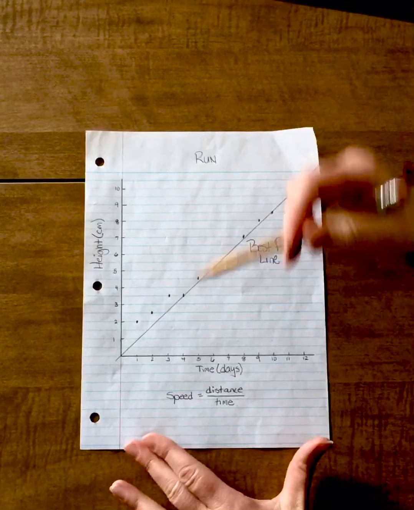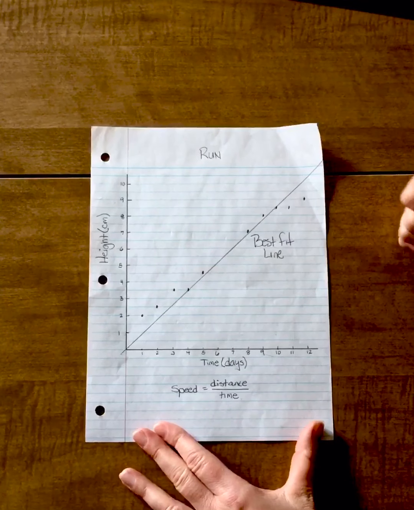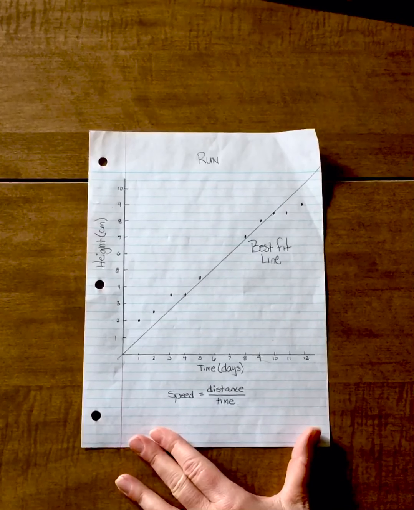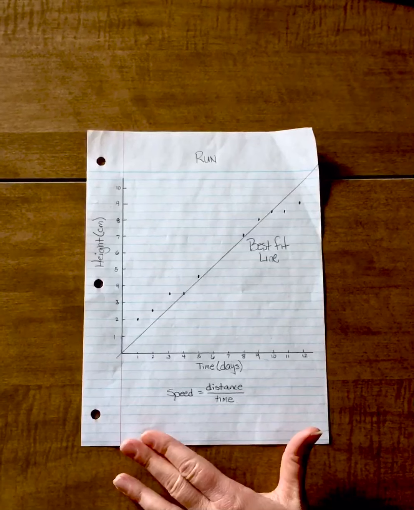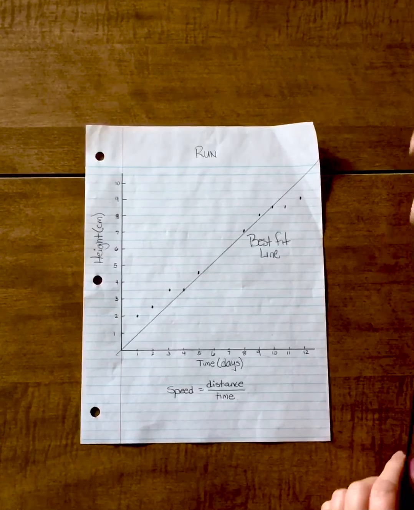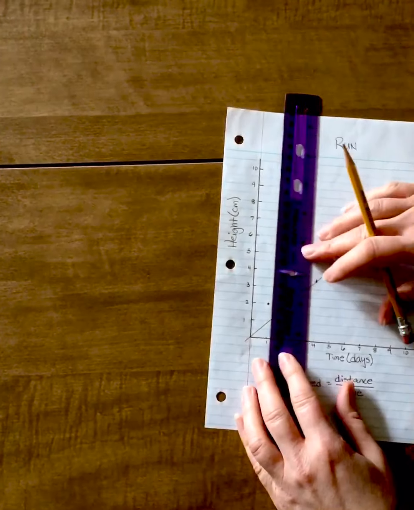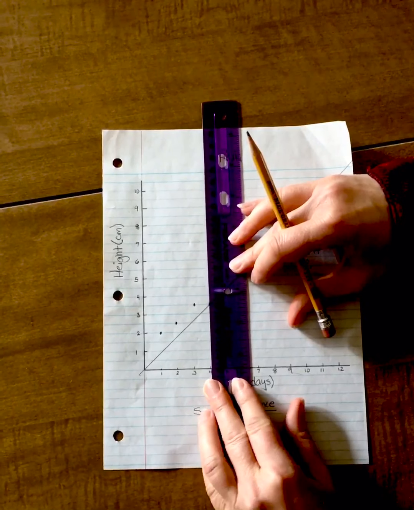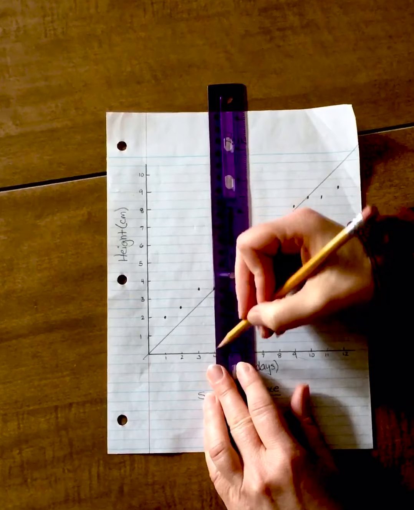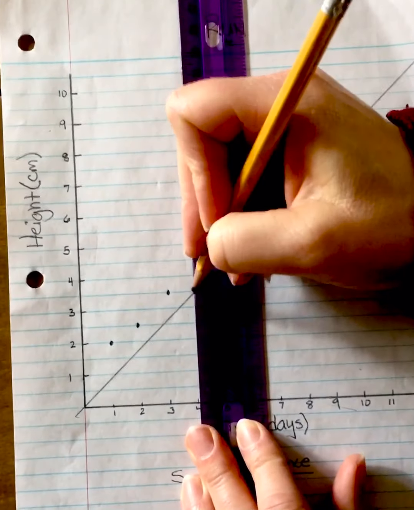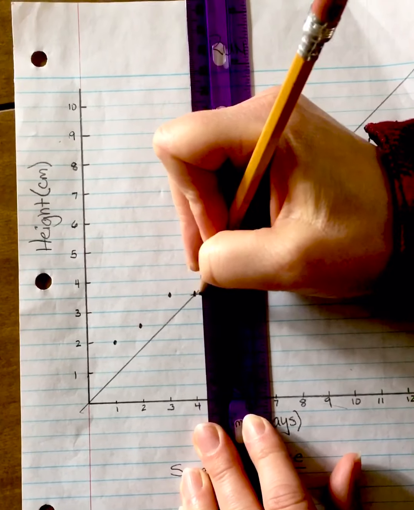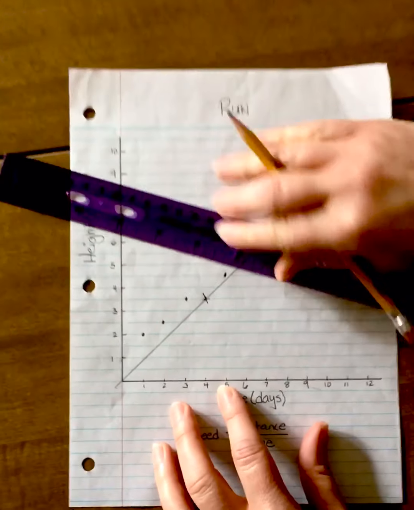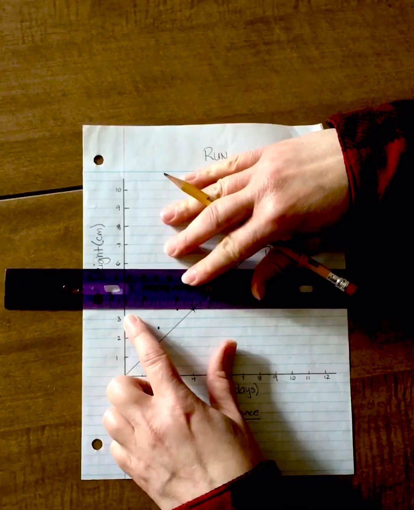Now, some people took all the calculations and did an average of them, but if you did the graph, there's an easier way to find it. I'm going to go along and find a day where this one looks good, a time where it hits my line exactly so that I know the exact height.